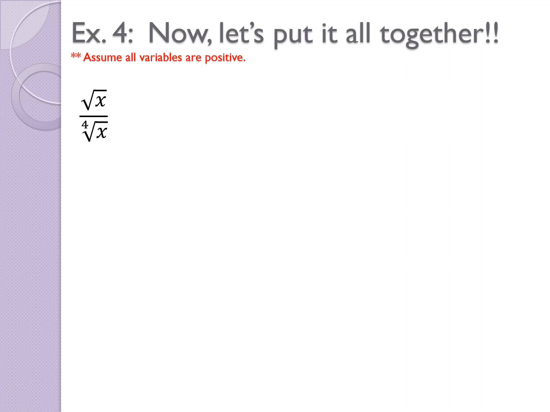So, I'm going to convert the square root of x to x to the 1/2. And I'm going to change the 4th root of x to x to the 1/4. Now I just use my exponent rules of subtraction. Now those do not have a like denominator, so I've got to convert them to a like denominator, which is 4.